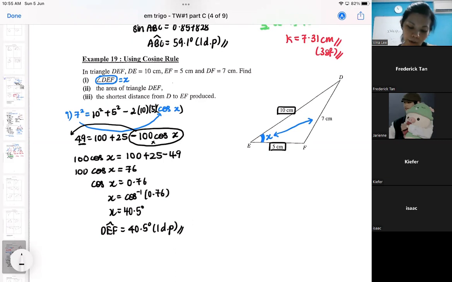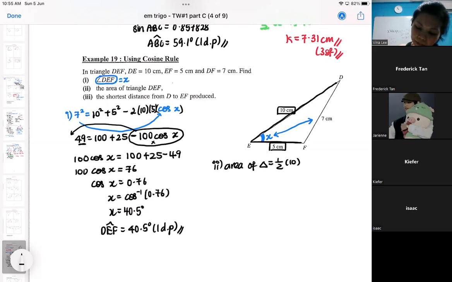After that, that will help you to find the area of the triangle because you can do your half AB sine C. Usually if I'm doing this, I will preserve my 40.5.